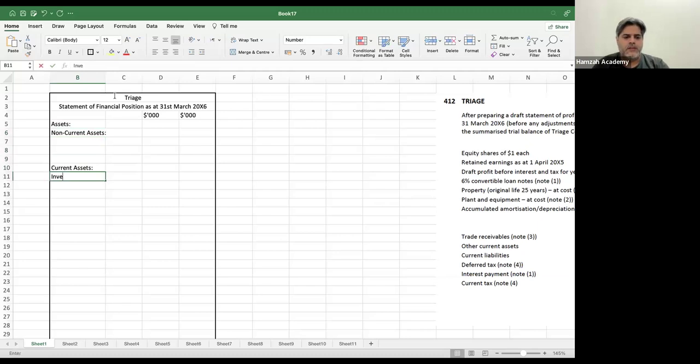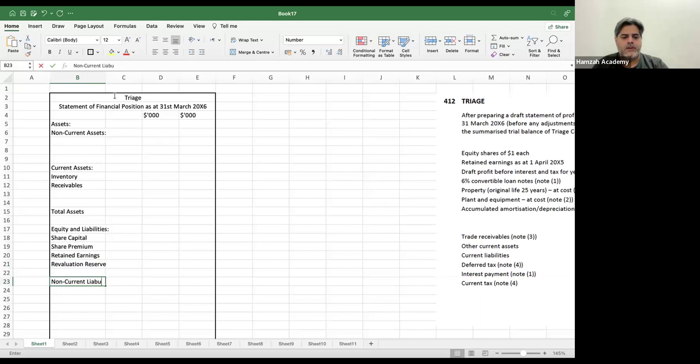Then you have the inventory normally, and you can have the receivables. Leave 2 lines, then write total assets. Then write equity and liabilities. We have share capital, share premium, retained earnings, revaluation reserve.